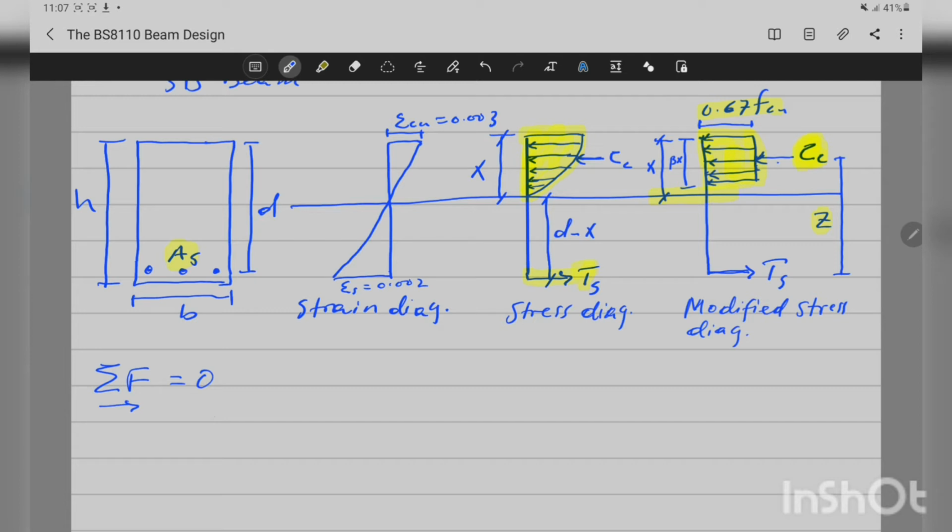If we do that, we end up with TS equal to CC. This means the tensile force at the bottom should equal the compressive force on the top for equilibrium to occur. So the maximum moment can be equal to the force in concrete times the lever arm, which should also be equal to the force in the steel times the lever arm.